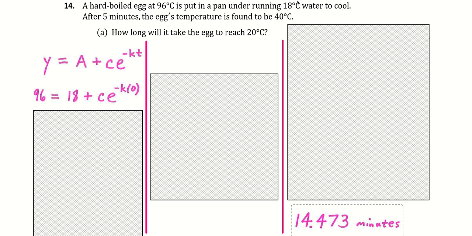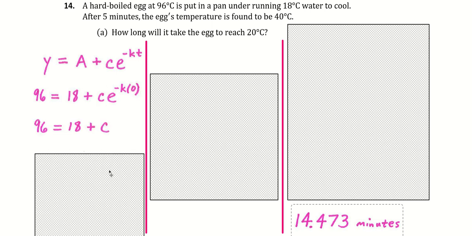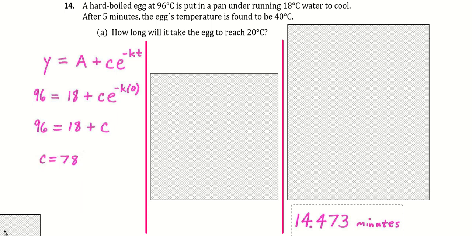And remember, this A value is the fixed steady temperature that's having an impact and changing the temperature of the egg. So that's why the 18 goes right there. And with plugging in 0, remember, that allows us to solve for C. Remember, e to the 0 is just 1.